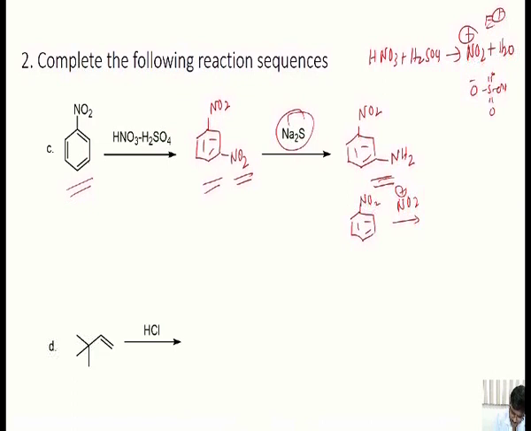If the reaction takes place in the meta position, you will be able to form the following resonance structures.